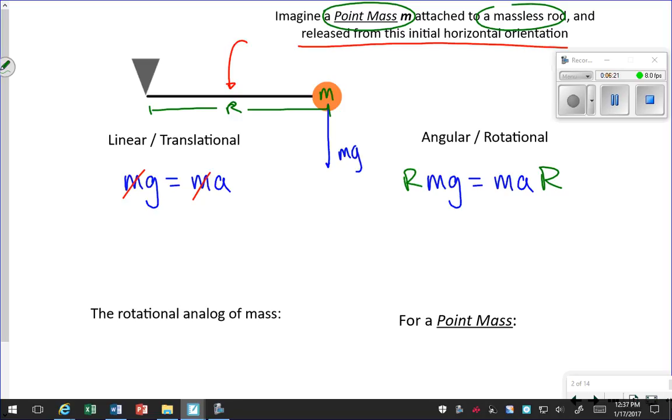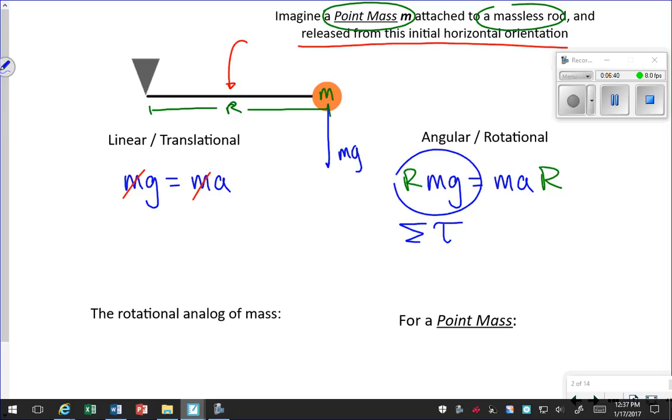There's nothing wrong with doing that. I've now turned this into r times mg. Well, that's a torque, and not only that, it's the net torque. It's the only torque produced by any forces on this system.